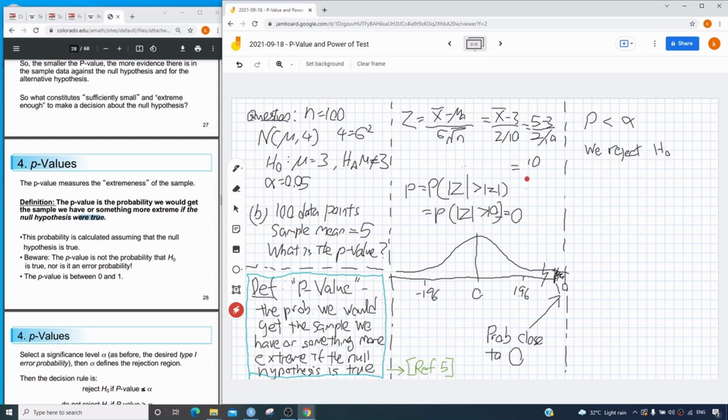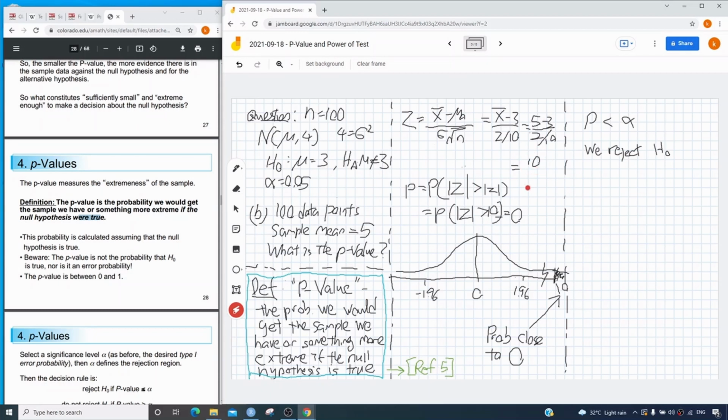We plug in the value: 5 minus mu, divided by sigma over the square root of n, which is 10, and the value is 10.